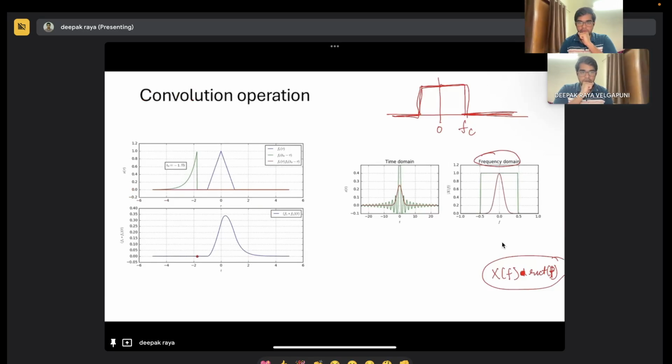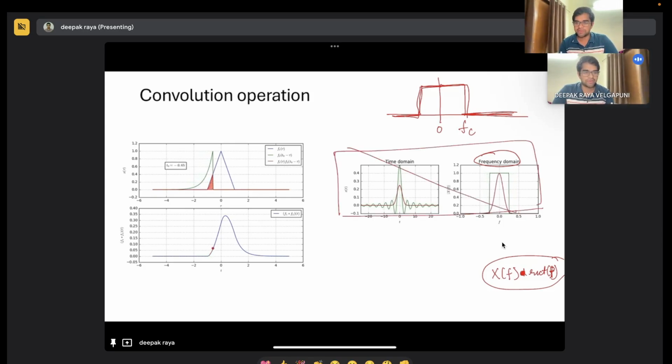Oh, this one. In frequency domain it's a rectangle, and in time domain it is... Wait, let me not look at this, this is a little confusing. So you have a rectangle, and you do a Fourier transform.